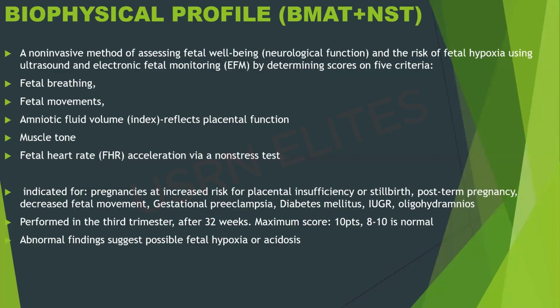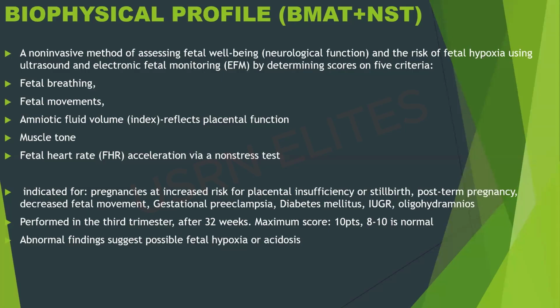If you check and there's no breathing activity, then we are going to score it 0. It's like using an APGAR score. If the breathing is within normal range, then we give 2.